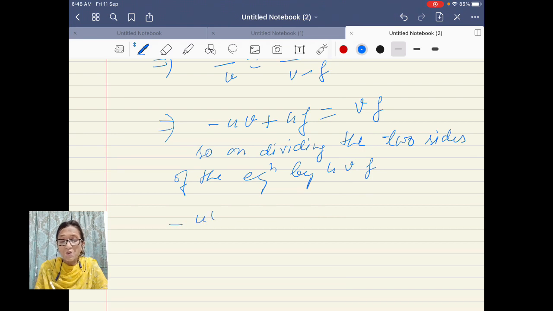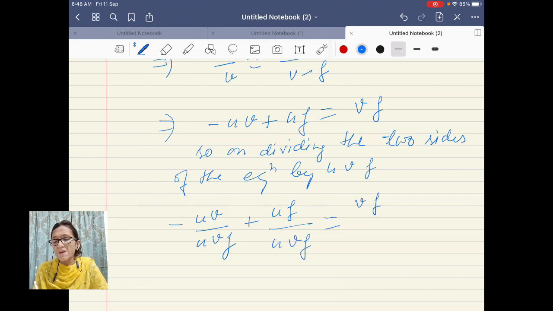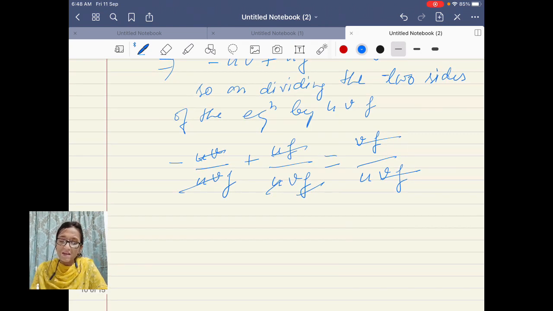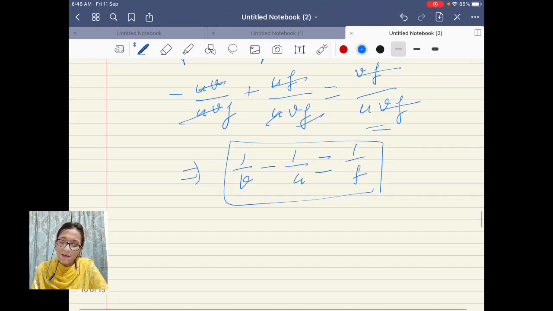What we get is minus UV upon UVF plus UF upon UVF, and this is equal to VF divided by UVF. So let me simplify all these things. U cancels, F cancels, VF cancels, VF cancels. So we come to our lens formula. Here 1 by V, changing the side of this term, will be equal to minus 1 by U, and by taking minus 1 by F to the other side, we get it is equal to 1 by F. This is your lens formula.